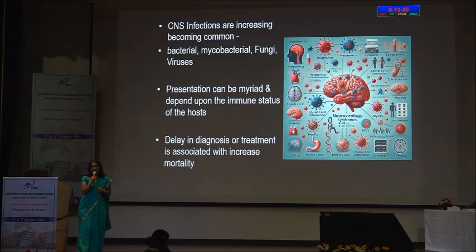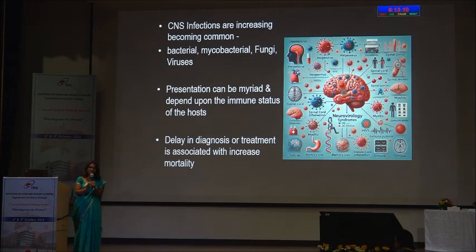So we all know that CNS infections, of course, nowadays are increasing, and they can be because of various etiologies. It can be bacterial, mycobacterial, fungal, as well as viruses, which is the focus today. And depending upon which part of the nervous system is involved, whether it's the brain or the spinal cord, the presentations can be myriad.